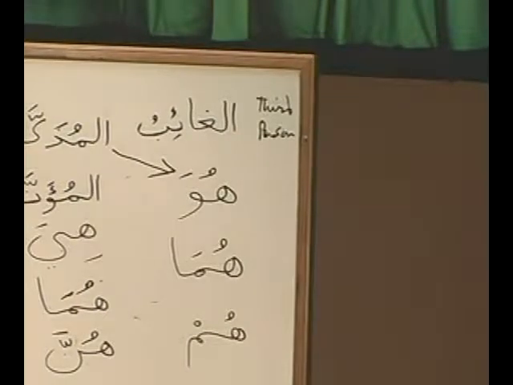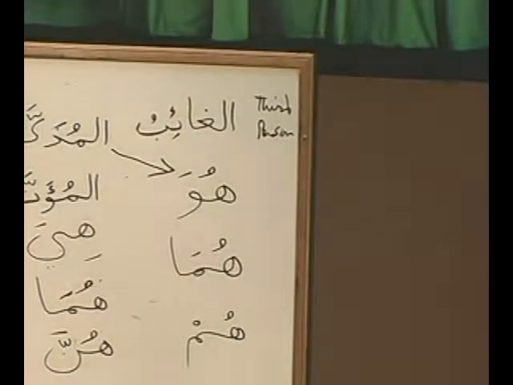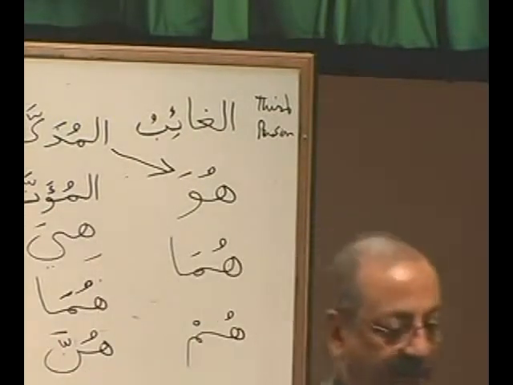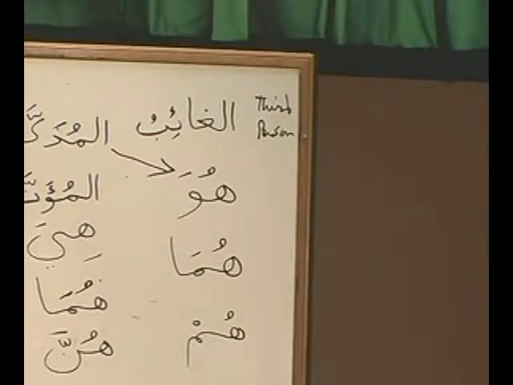Since you have it in your handouts, brother, it's easy for you to see there. What will be the second person, brothers and sisters? Masculine? Anta. Next one? Antuma. And plural?